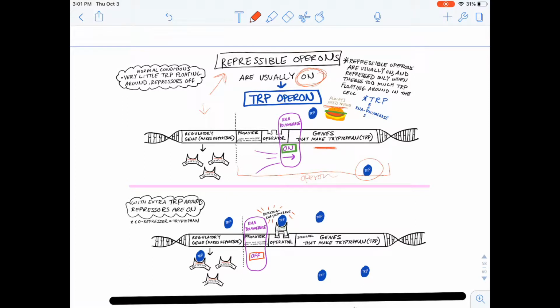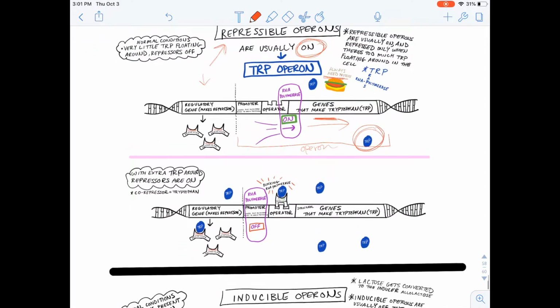So when there's just a little bit or an average amount of tryptophan floating around in the cell, this guy is on and he's making more. The RNA polymerase is transcribing these genes, so the end result is that more tryptophan is being made.